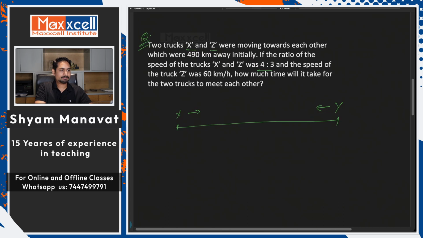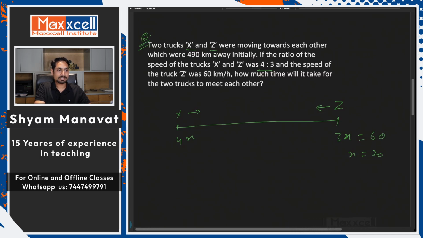That means if the speed of X is 4x, the speed of Z is 3x, the ratio of the speed. I'm just writing whatever is given here, right? The speed of truck Z is 60 kilometers. Okay, truck Z, this is Z not Y, truck Z is 60 kilometers.